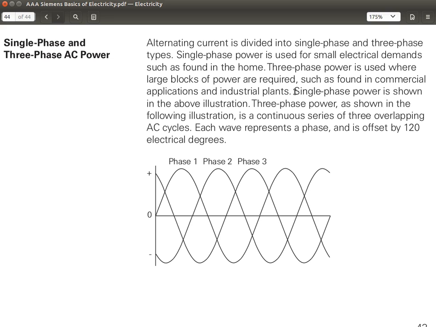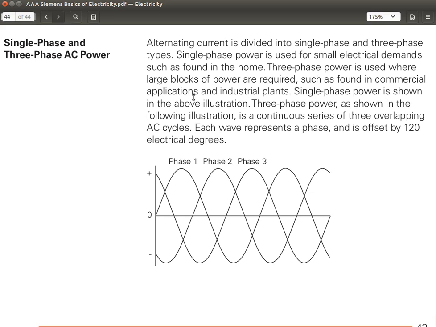In older installations, you have red, yellow, and blue with a black or bare raw wire. In more modern, you have brown, gray, and blue. Those are the 3 live wires, and the bare wire is the neutral. So 3 live and a neutral will tell you that the power going into the building is 3-phase.